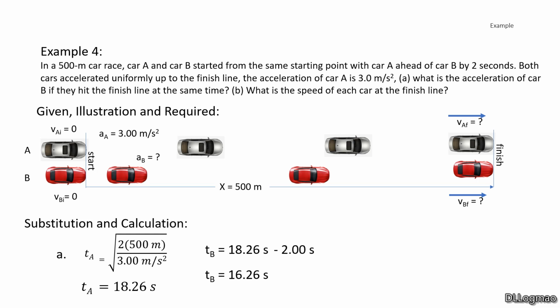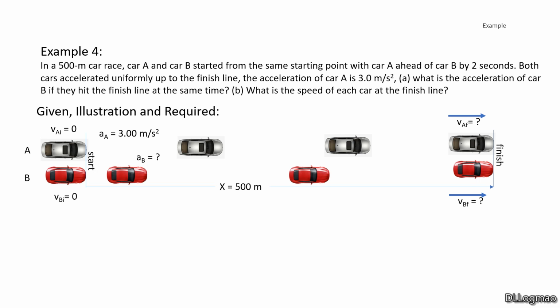The acceleration of car B is 2 times 500 meters divided by the square of 16.26 seconds. When calculated, the acceleration of car B is 3.78 meters per second squared. The answer may be checked by comparing the distance traveled by the two cars.